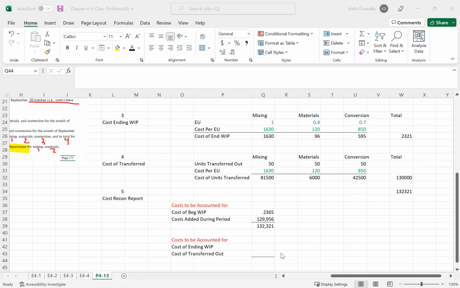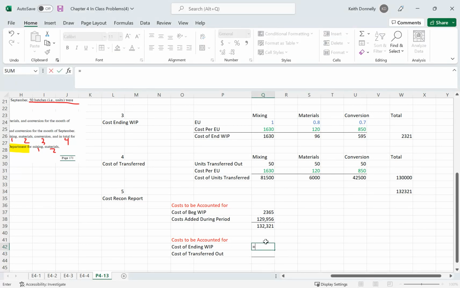So the cost of our ending WIP, let's go up here, it's staring right in front of me, that 2321, in other words, these three.